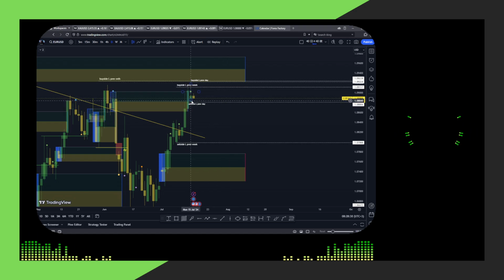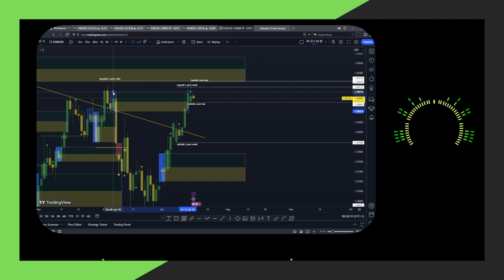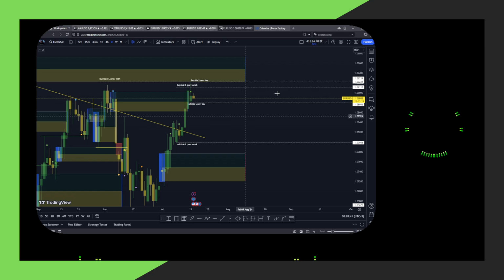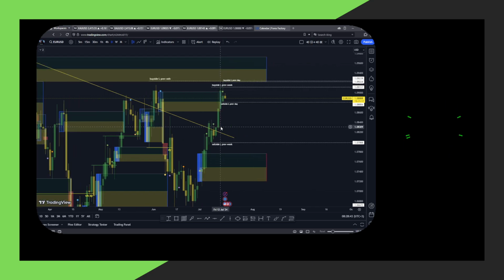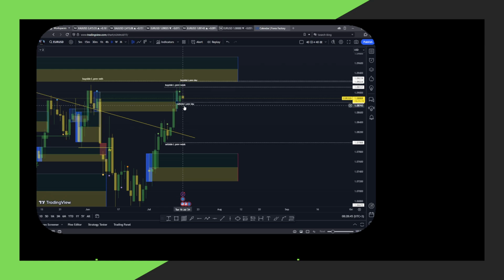You're seeing yesterday we closed as a falling hammer, and price is bearish at the moment.